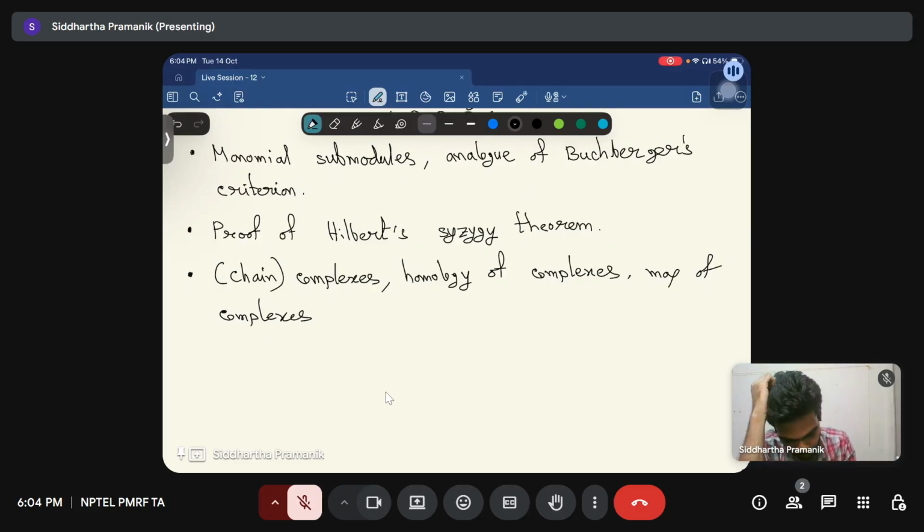Then from a map of complexes, we can also define a short exact sequence of complexes, and after that we have seen basically the horseshoe lemma.